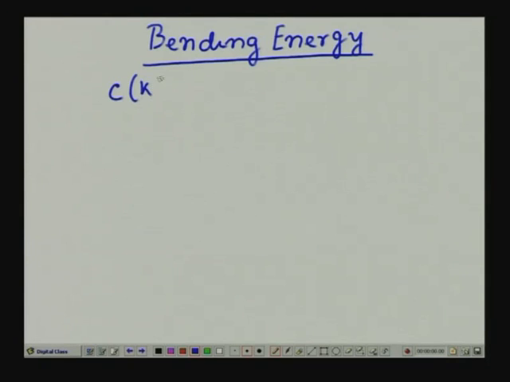So, this bending energy can be computed from the concept of curvature at different points on the boundary itself. So, at the kth point, if I say that C k is the curvature at point k, in that case the bending energy corresponding to that point is the square of this. So, the total bending energy of the boundary can be computed as the summation of C k square, where C k is the curvature at point k, and I have to take this sum for all the points lying on the boundary.